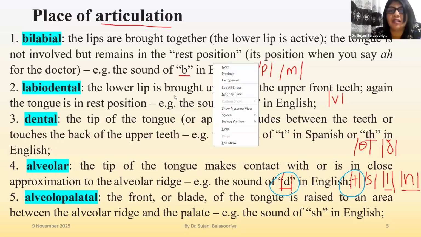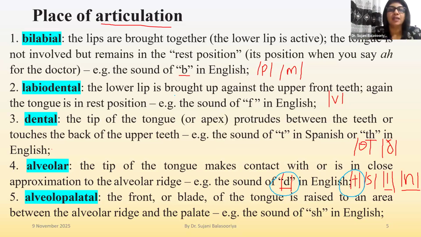I can't end the show, then all my writings will be gone, okay? In the notes that I have shared with you all, you must have a diagram of the vocal tract. Just have a look at that diagram if you have a hard copy. There, the upper teeth are there, and soon after the upper teeth, you have the alveolar ridge, and after the alveolar ridge, you have this hard area, right? This curved part inside the mouth.